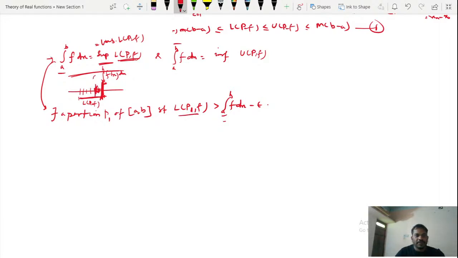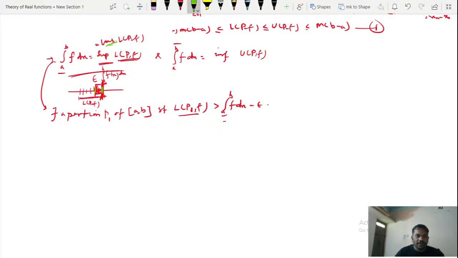Suppose this length is epsilon, and you are coming epsilon less than this value, where this is your lower Darboux integral. If somebody says no, the LUB lies here, that means epsilon less than that.